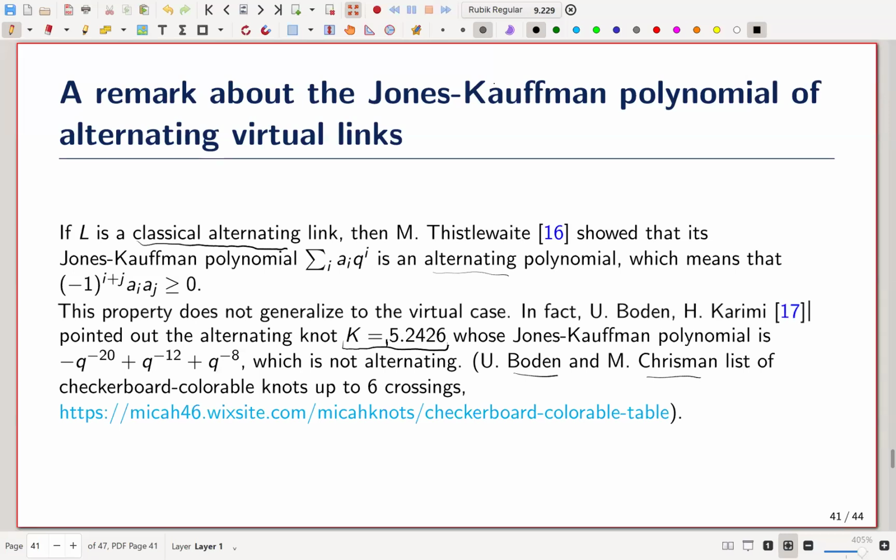And am I right that it neither gives anything new for alternatable, checkerboard colorable virtual links? It just gives the Jones-Kauffman polynomial for this type of links, for checkerboard-colorable links. It's just a new formulation of the Jones-Kauffman polynomial for checkerboard-colorable links.